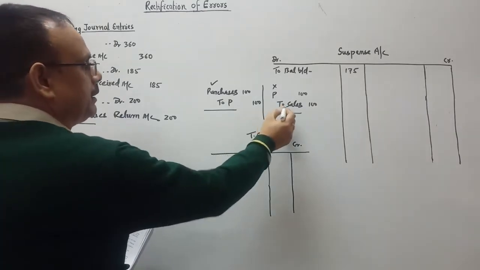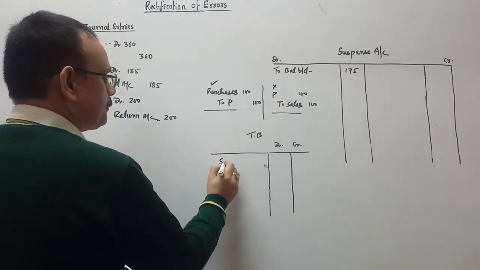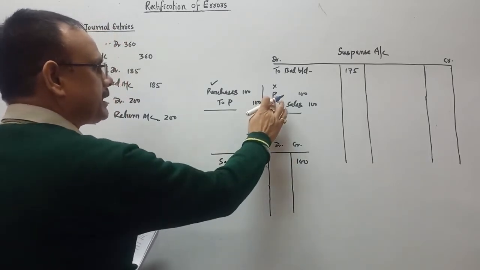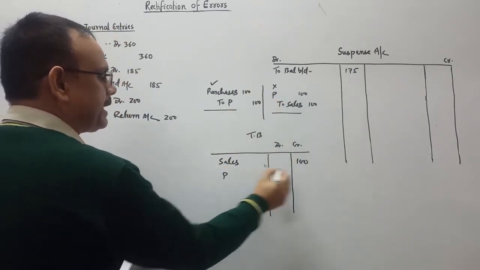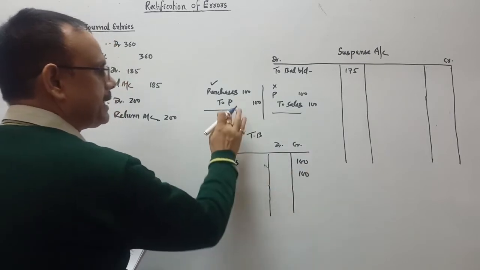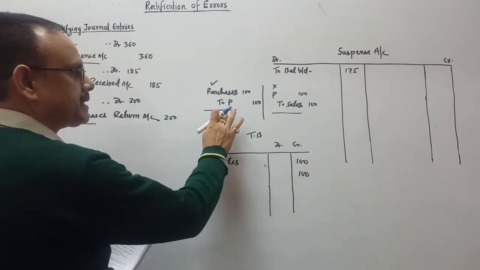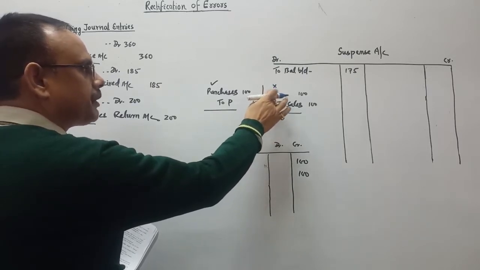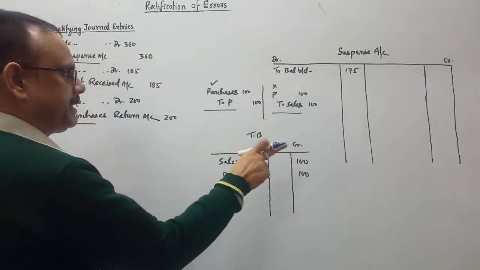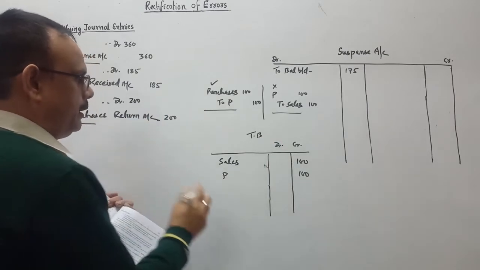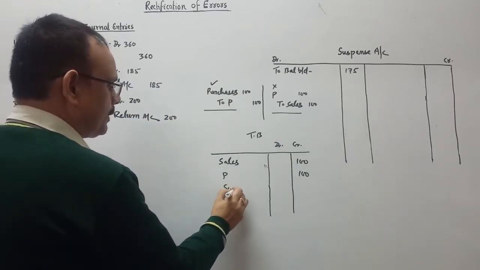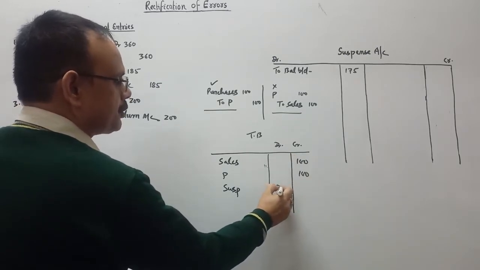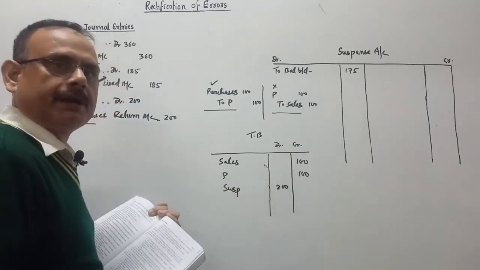Now see, when we have done the posting from here, sales account credit side 100 rupees and Prakash account was correctly credited by 100 rupees. In the right entry Prakash is credit, in the wrong entry Prakash is debit, but while posting from the wrong entry to Prakash ledger it is correctly credited. So the suspense account will be opened because both amounts are on the same side.